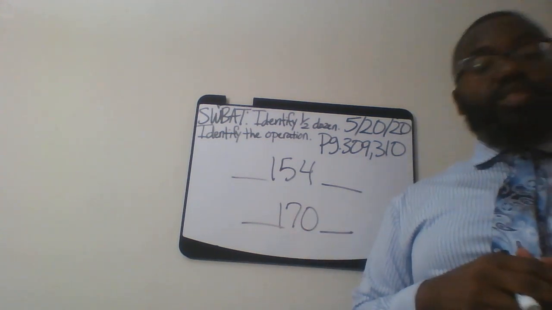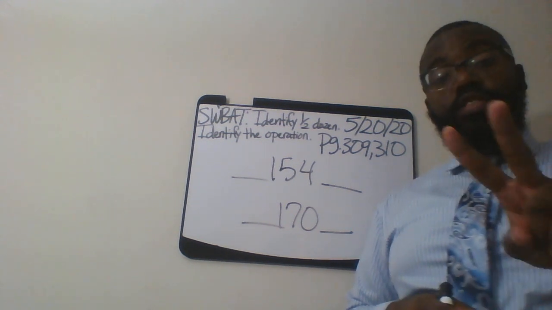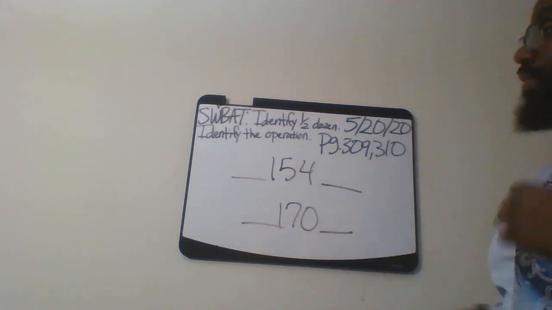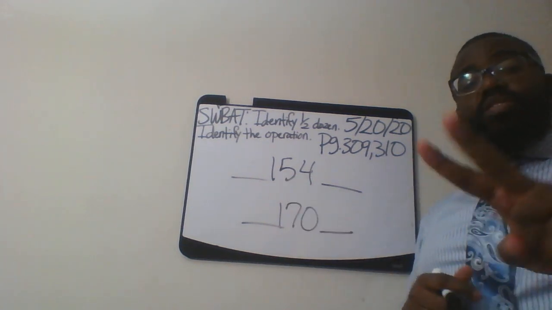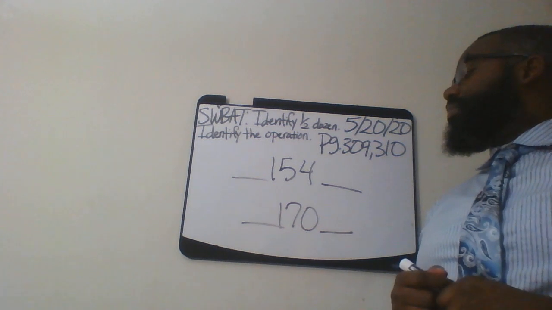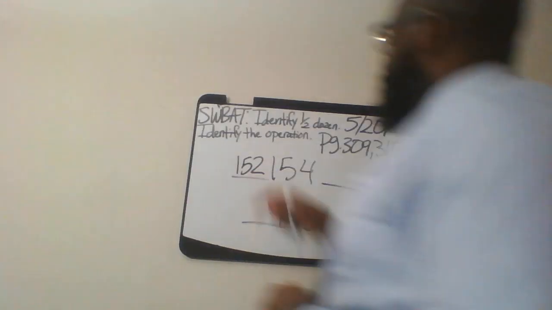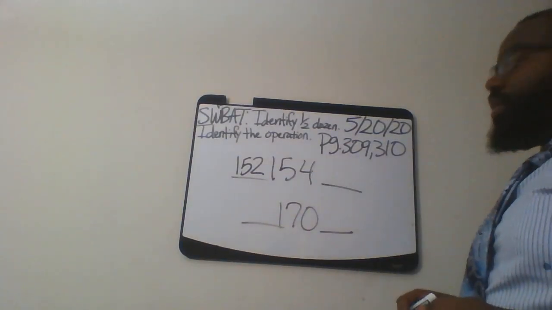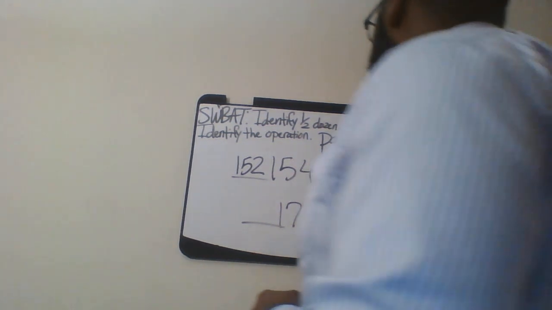Number two wants us to write the before and after numbers by 2. So here, they give us 154. Let's begin. What comes before 154 by 2? What number do you think? 152. Awesome. 152, 154. What is next? 156.